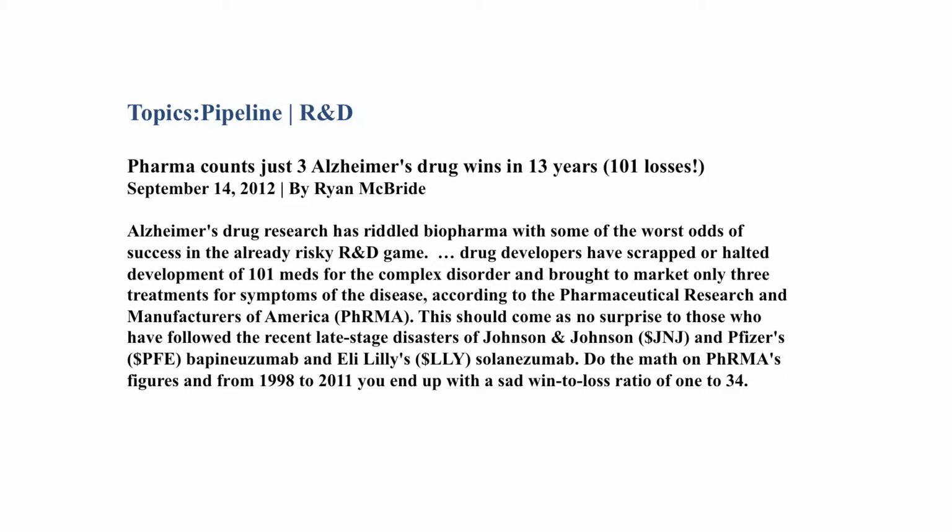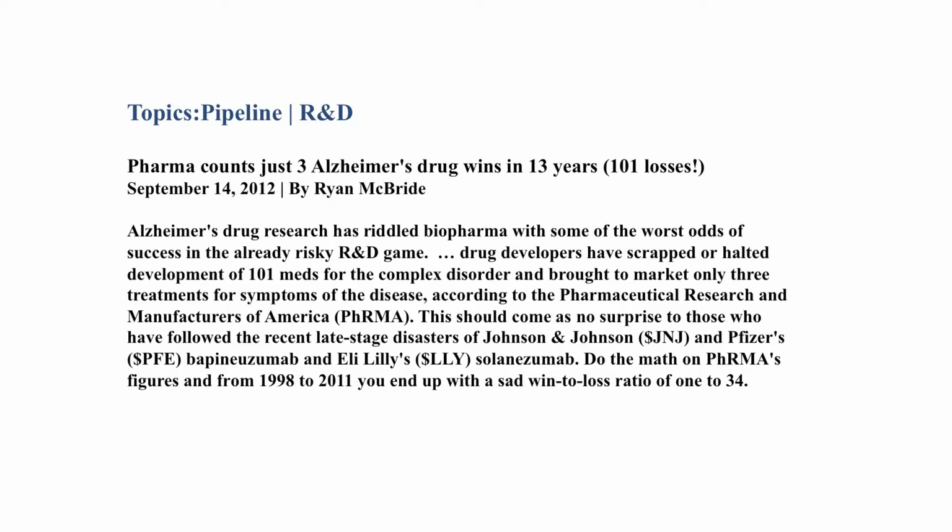So let's look at the record of the drugs that were based on the amyloid cascade hypothesis in the last 13 years. I just looked, and the number so far is now 110. This was based on September 14th. Almost a year ago, it was 101. But if you look, 101 have gone to human clinical trials, have been tested on humans, and none of them have worked.